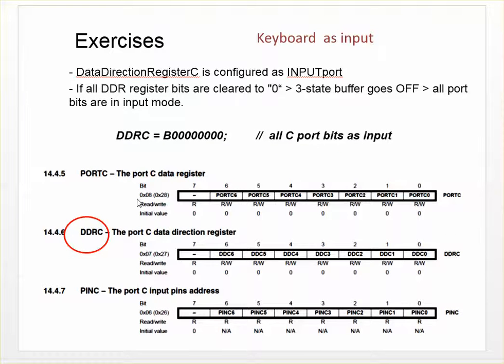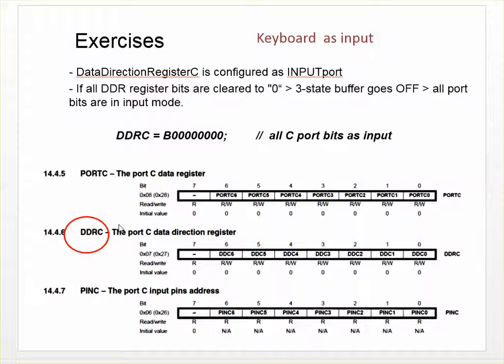And here again is a picture from the processor hardware data sheet, with the data direction register C and the register description. By writing zeros here, we define the port to be input, and for each individual pin we can decide whether it is input or output.